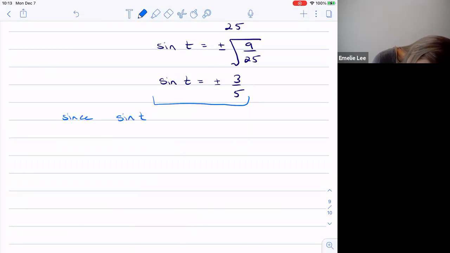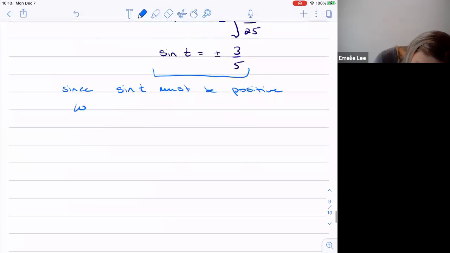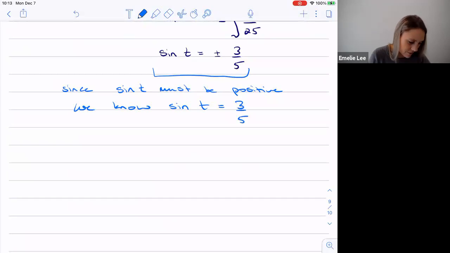Since sine t must be positive, we know that sine t is 3 over 5. Awesome.